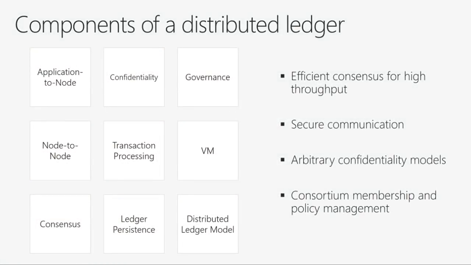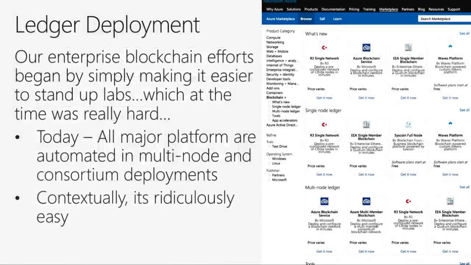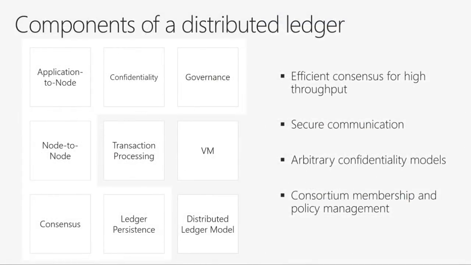But essentially, it allows you to deploy private blockchain networks with these types of components. This is essentially what we call a blockchain node. Some of the main things that we talk about it doing are things like transaction processing.